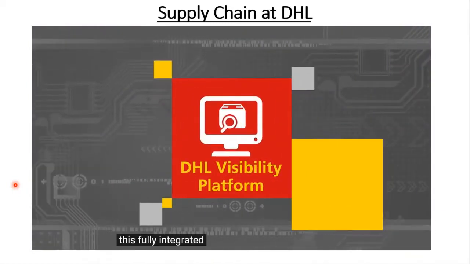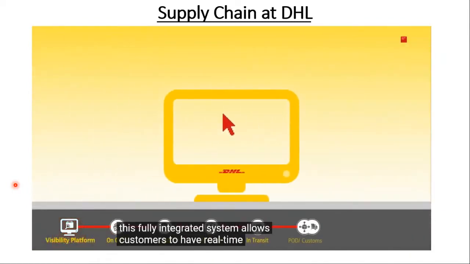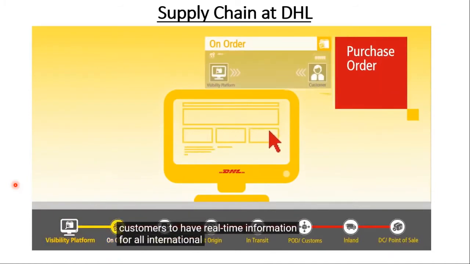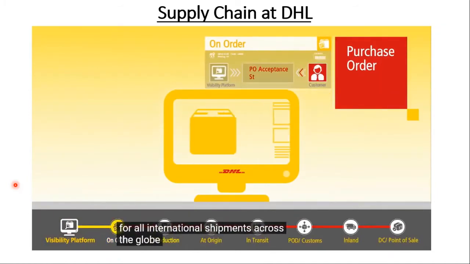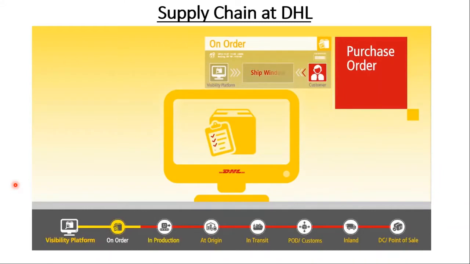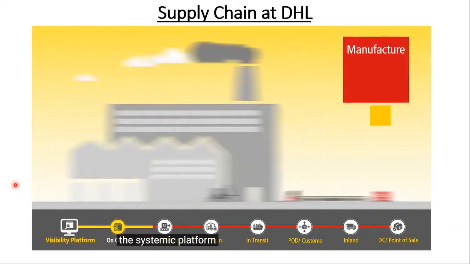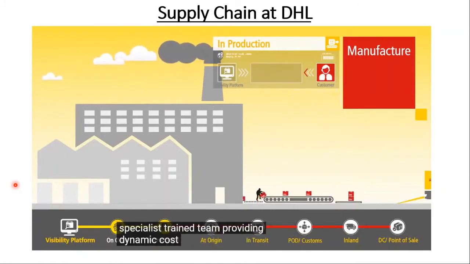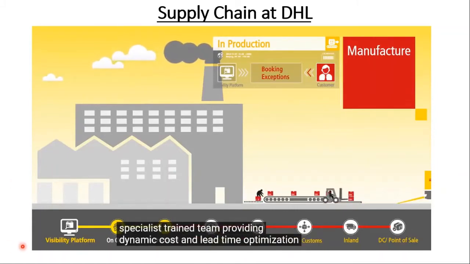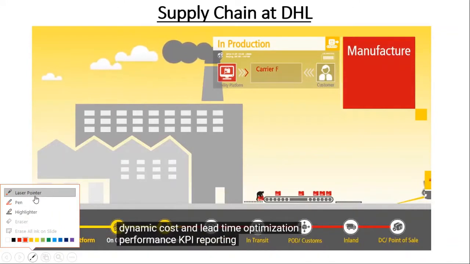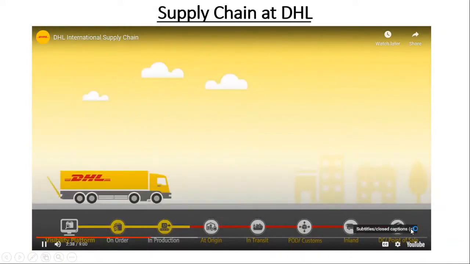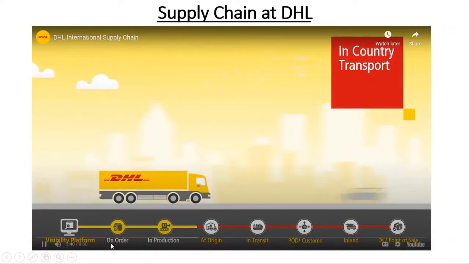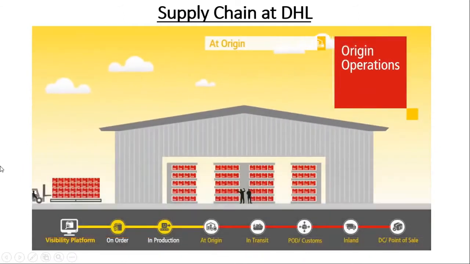This fully integrated system allows customers to have real-time information for all international shipments across the globe. The systemic platform is supported by a specialist trained team, providing dynamic cost and lead time optimization, performance, KPI reporting, and ongoing recommendations, proactively reacting to changes in the supply chain.